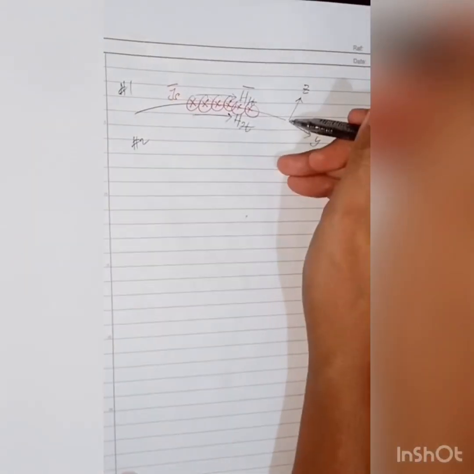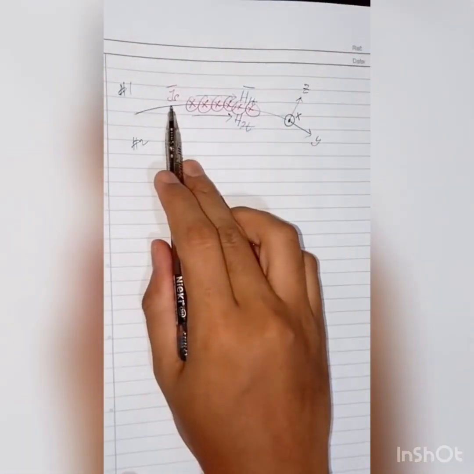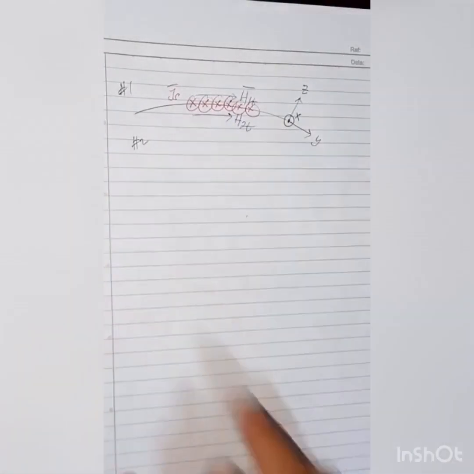Why did I say negative x? Because from this axis we know that x is supposed to point out of the page. Since Js here points in negative x, that's why I can draw it with a cross symbol as shown there.